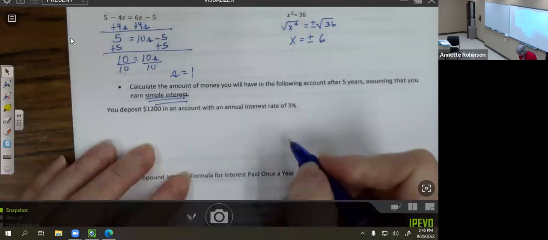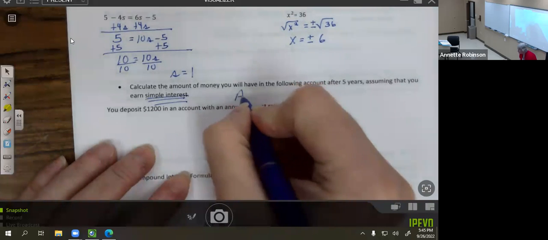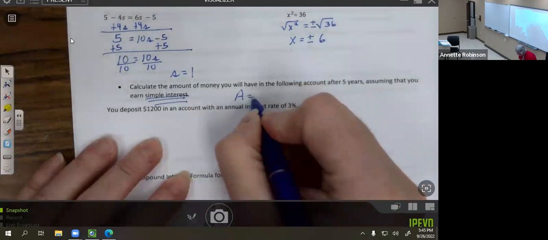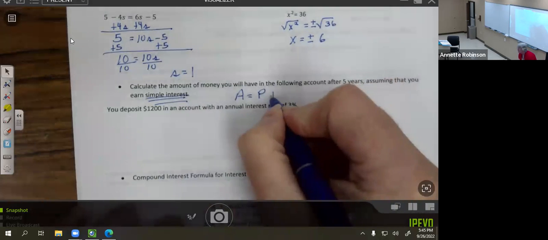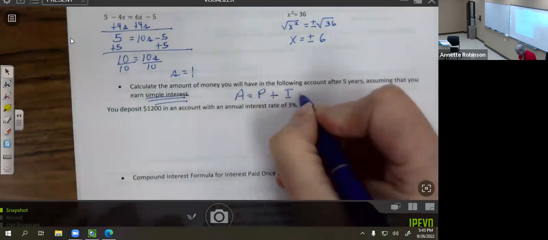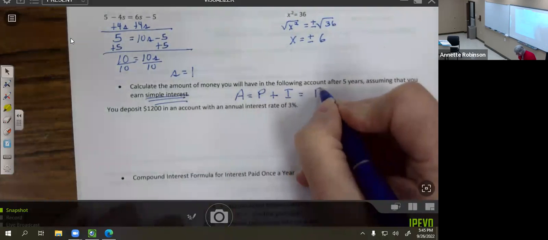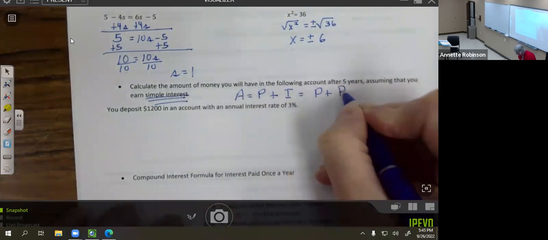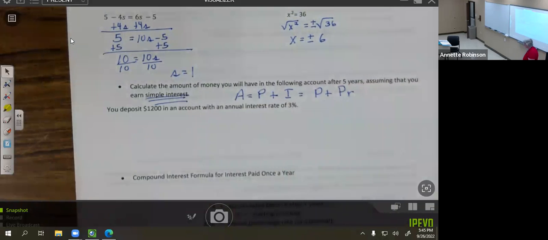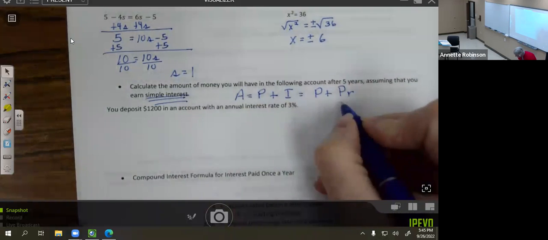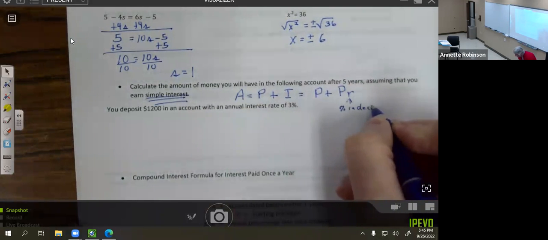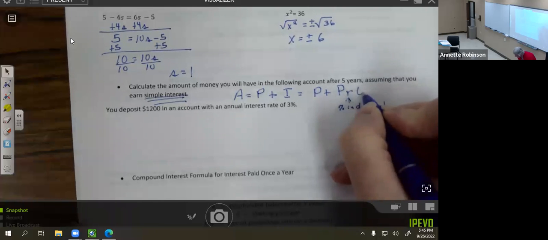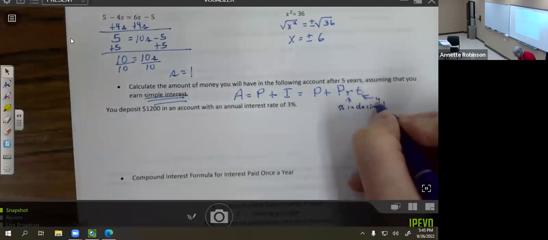That formula looks like this: the accumulated amount in your account is the principal that you put in or borrow, plus the interest. The way we find simple interest is we take the principal times the interest rate, which is a percent that has to be changed to decimal form, times the time, and the time has to be in years.